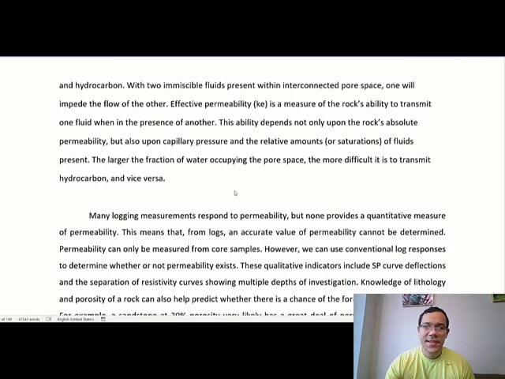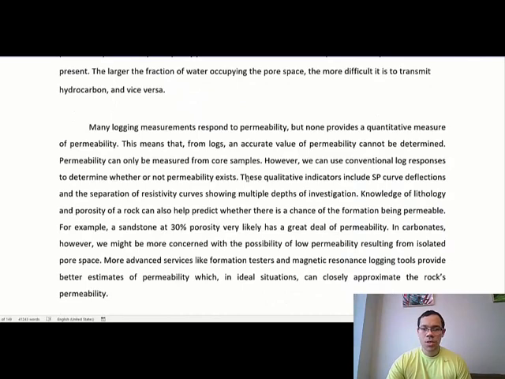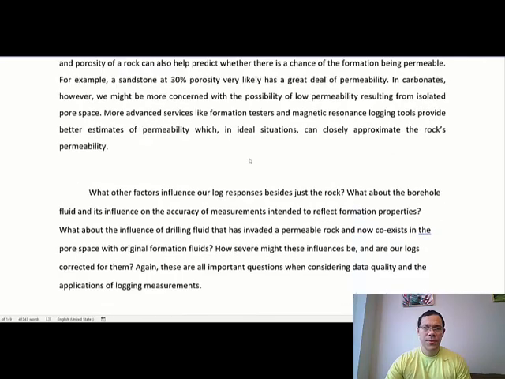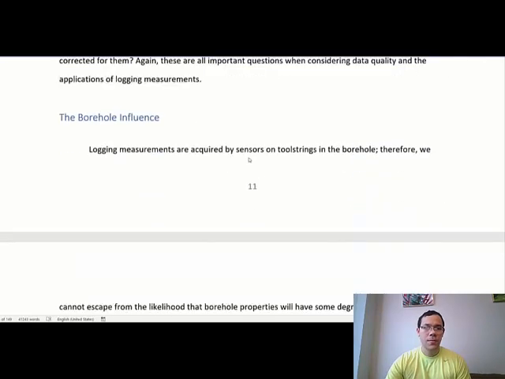A more realistic scenario. So there are other qualitative indicators of permeability. For instance, resistivity logs offer different resistivity curves. If you're logging through a non-permeable area, the three curves are going to read the same. But we'll see that later on.